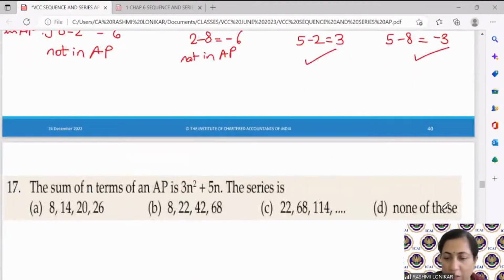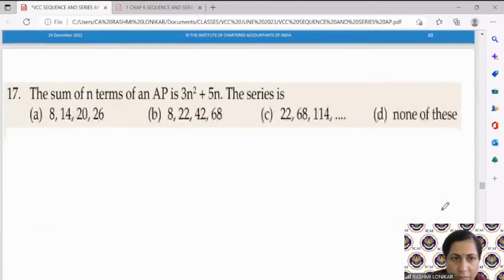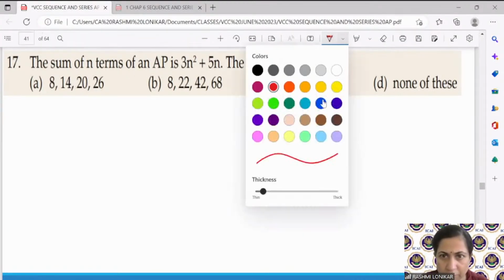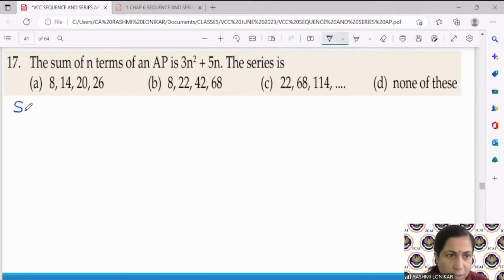Okay. Now let us go to the 17th sum. The sum of the series of n terms of the AP is given by Sn equal to 3n square plus 5n. Now, how many options are there? 1, 2, 3, 4. Here also I have 1, 2, 3, 4.